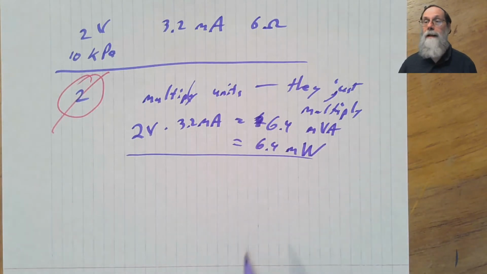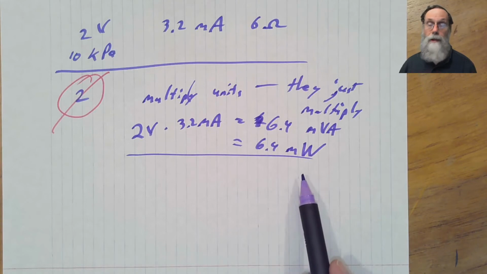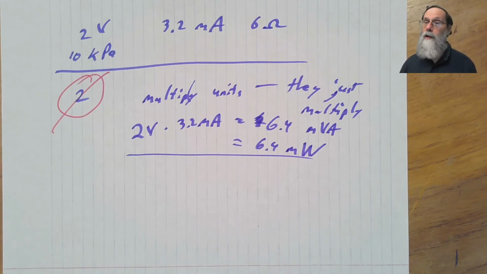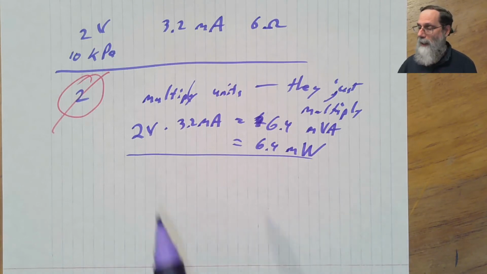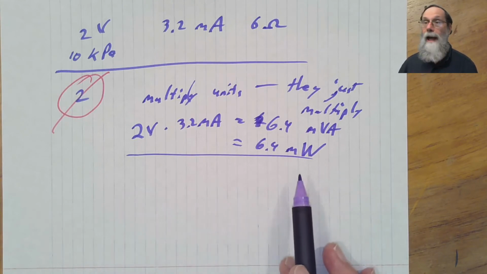Having this gives you a sanity check in that when you're done with all your calculations, you can check to make sure that the units you've got are appropriate for what you're supposed to be computing. If I was trying to compute power here and I end up with watts or milliwatts, things look good. If I was trying to compute resistance, something's wrong here because watts aren't the unit for resistance. And so by keeping track of what I was doing, I can help debug the error.